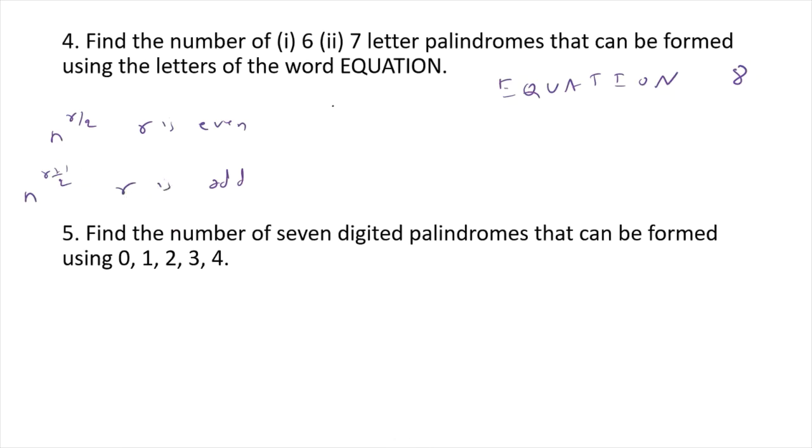So 6 letter palindromes is equal to n raised to 6 upon 2, which is equal to 8 cube. 7 letter palindromes is equal to n raised to 7 plus 1 upon 2, which is equal to 8 raised to 4. These are the total number of 6 letter palindromes and 7 letter palindromes that can be formed using the letters of the word EQUATION.